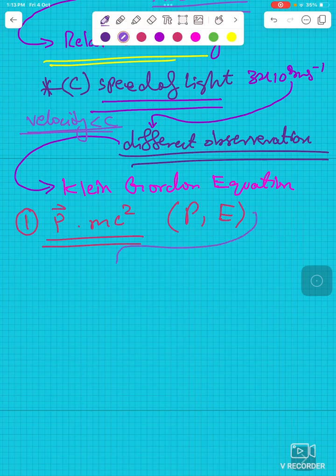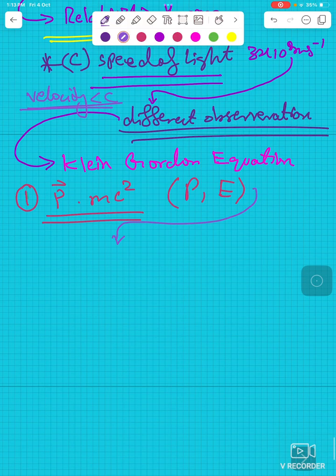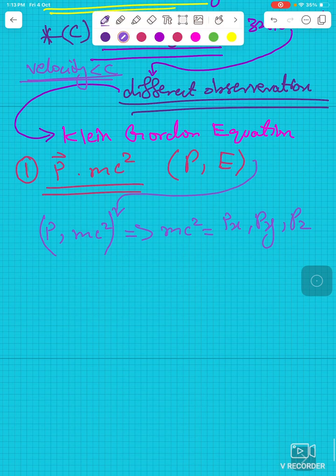And when we expand it, we get p and mc square. This can be further expanded to px, py and pz. P is momentum and mc square is what is known as E equal mc square.